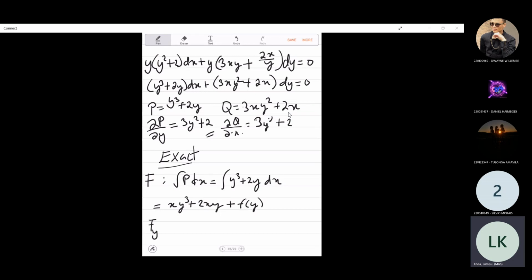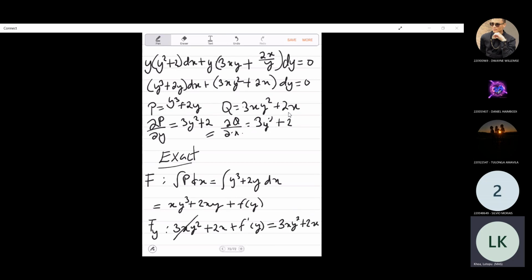Differentiate this with respect to y. We get 3xy squared plus 2x plus f prime of y, and this must be equal to q, which is 3xy squared plus 2x.